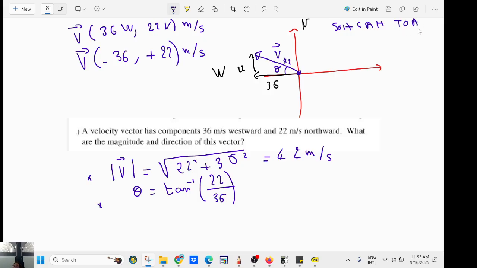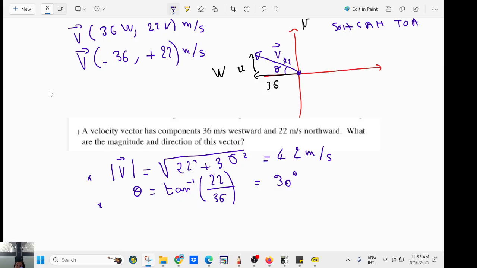Tangent is opposite over adjacent. Adjacent, hypotenuse, sine, cosine. It's about 31, so 30. Let's make it easier: 30 degrees.